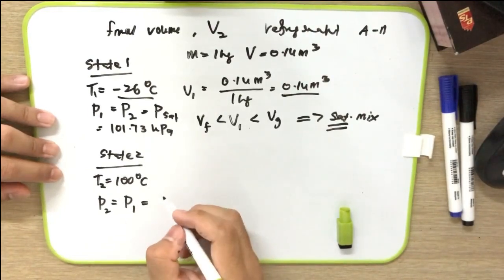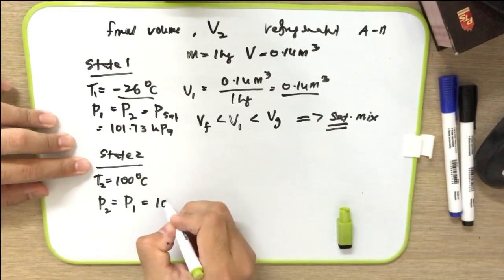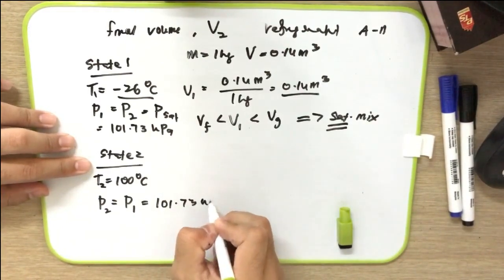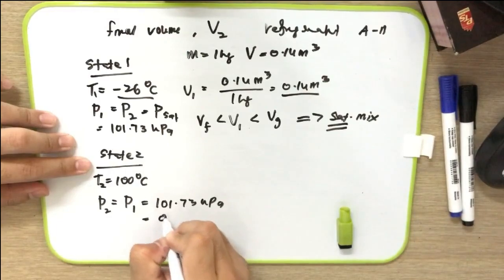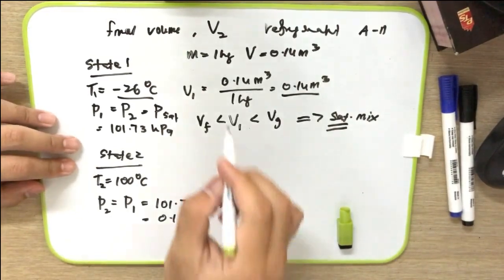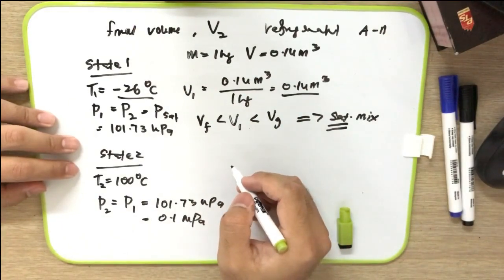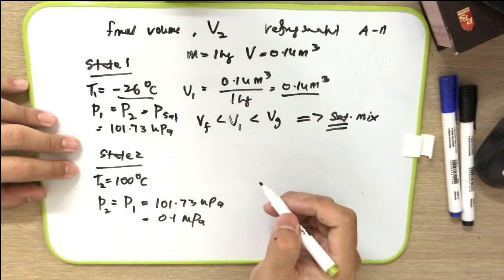So we already get another info for state 2, which is the pressure, 0.1 megapascal. So we need to find the V2, right? In order to find V2, we need to determine first the phase for state 2.